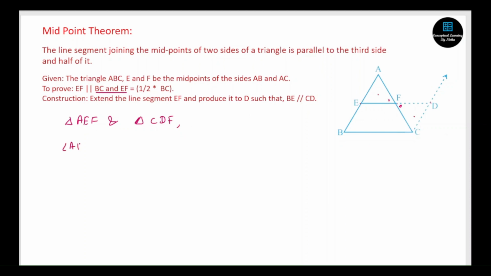Angle AFE equals angle CFD, vertical angles, correct? Also, F is the midpoint of AC. So, what can I say about these two? Yes, they are also the same. AF equals FC, F is the midpoint, given.